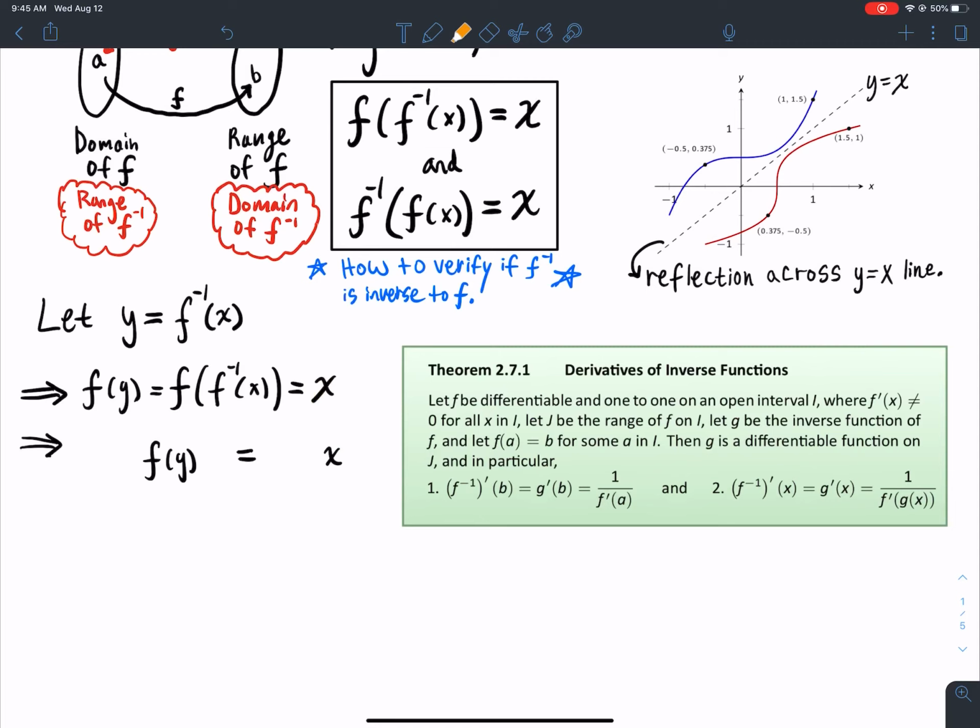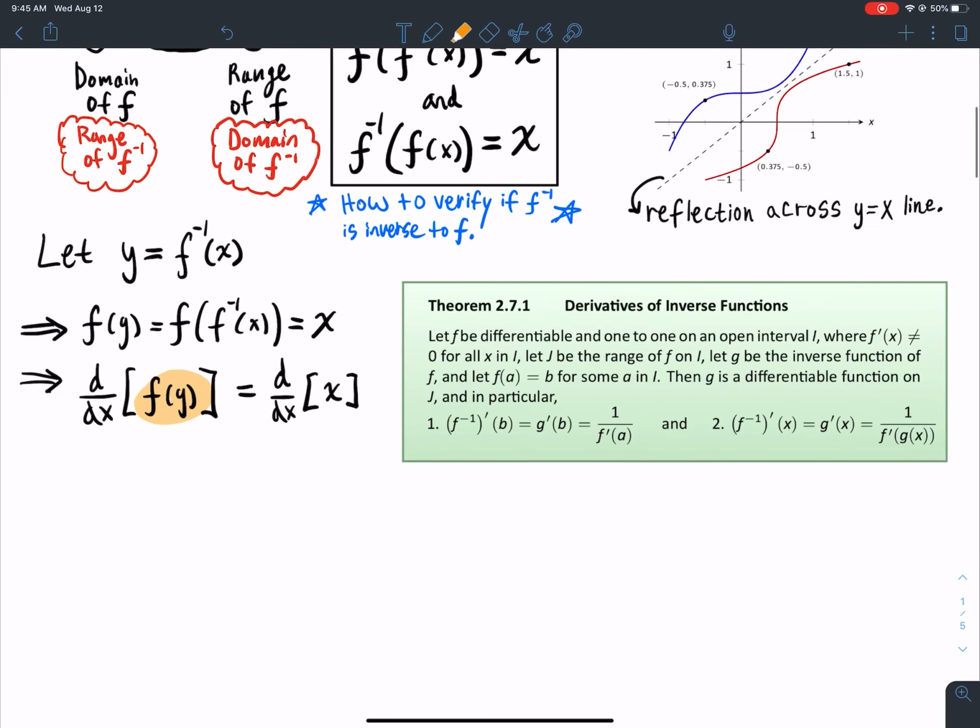Now I'm going to take the derivative of f of y and x. The derivative of f of y is equal to, since y is different than x here, I have to treat it like a chain rule. So the derivative of f of stuff is f prime of the stuff times the derivative of the stuff.